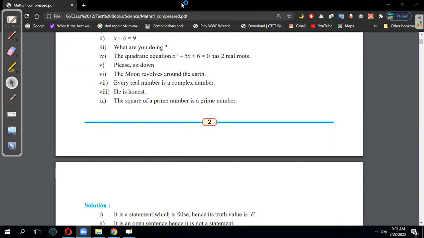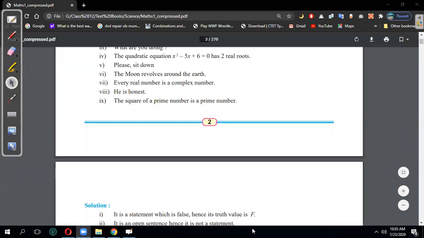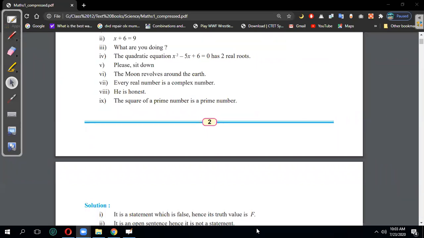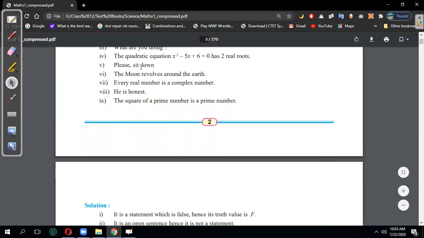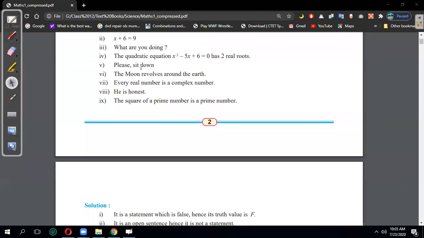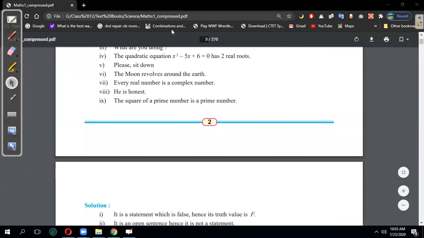Then I will start. I think it's time to begin.